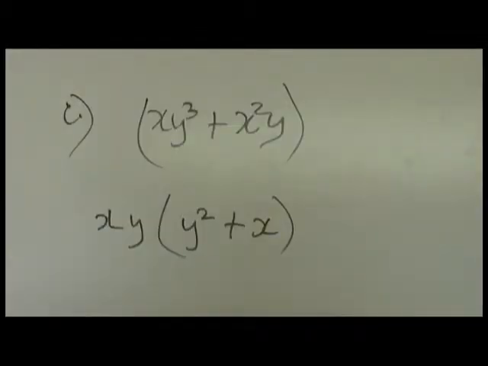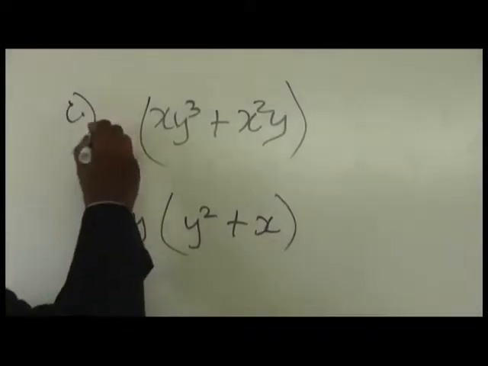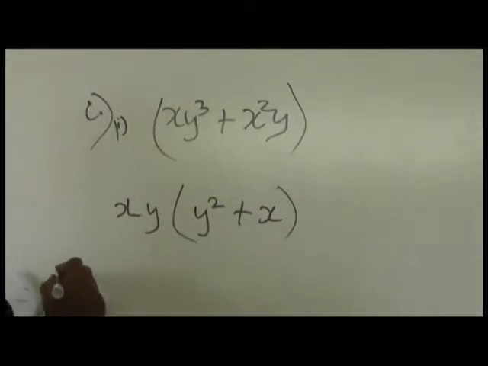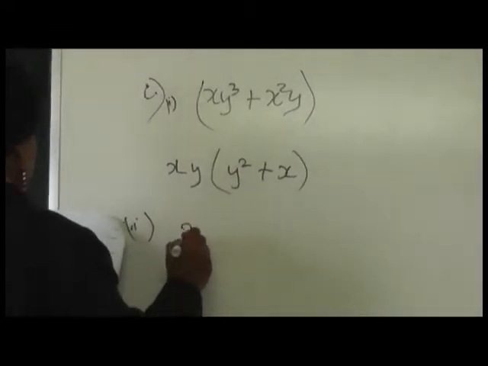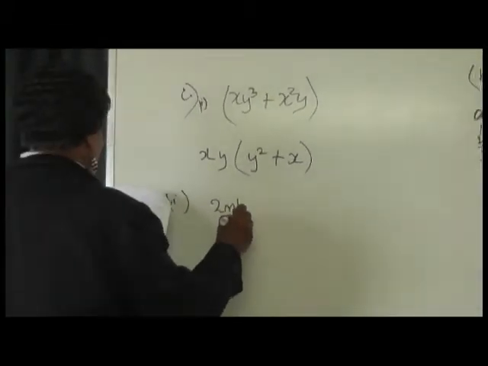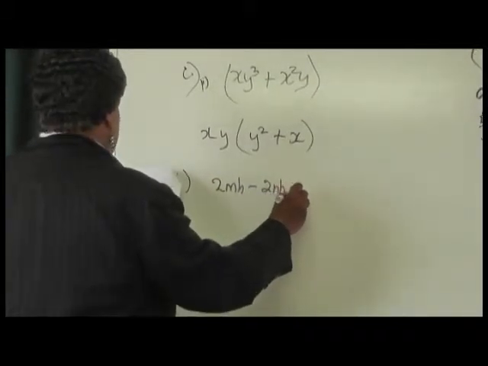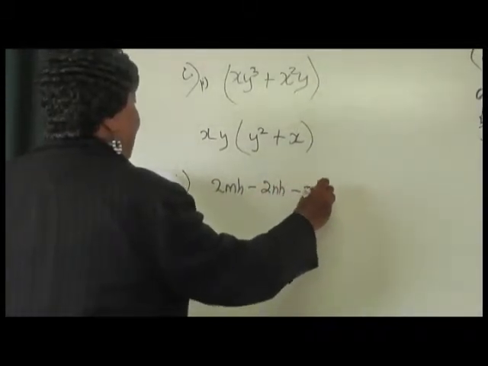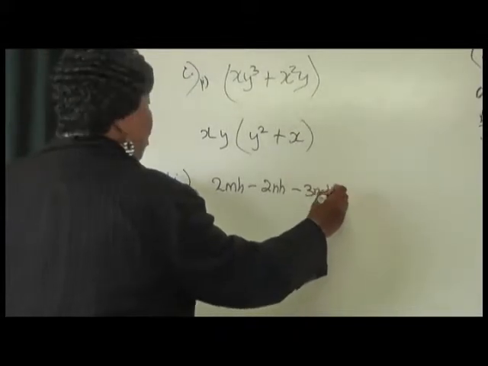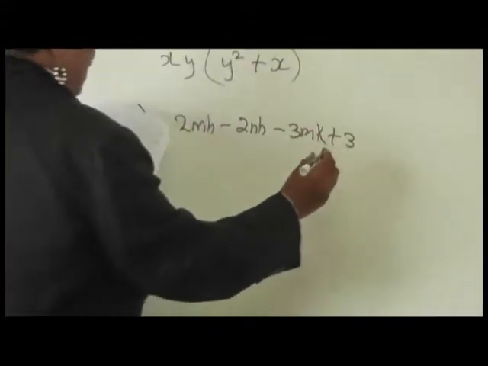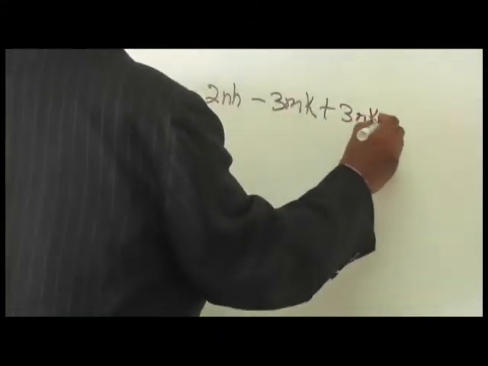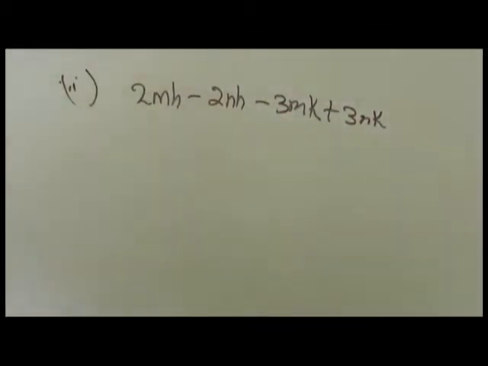And that is the answer. You're finished. Move on. Part 2 for the same question: what are we factorizing? And what did they give us? 2mh minus 2nh minus 3mk plus 3nk. Now I want to tell you, don't try to disfigure anything.